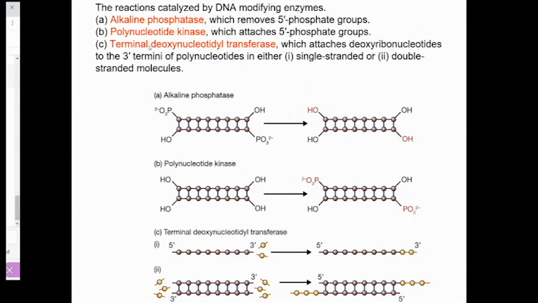And the PNK, the polynucleotide kinase, basically attaches the phosphate group to the 5' end, replacing the hydroxyl group. And the terminal deoxynucleotidyl transferase adds the nucleotide to the 3' end. So that's basically today's lecture. Okay.